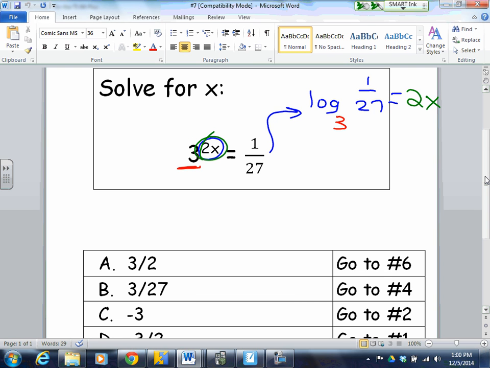And you can actually do this in your calculator and do this left side of the equation just like we did in the previous problem, where we would just do a change of base formula. So again, this is just log base 3 of 1/27. It's going to be some number. That number equals 2x, so we will just take that number and divide it by 2, and that'll give us our answer. So why don't we do that real quick. Log base 3 of 1/27th.